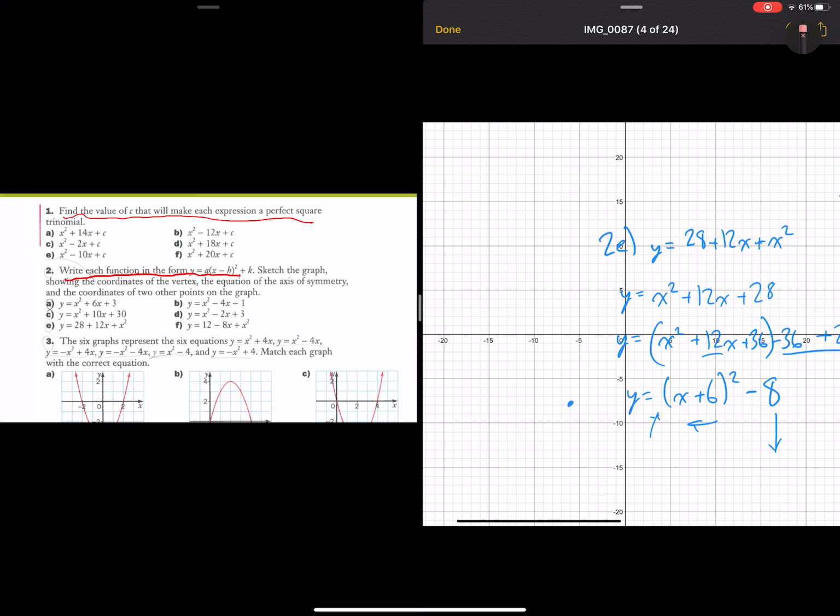Our step pattern is the same. 1, 3, 5, etc. Here is my axis of symmetry. x equals minus 6. Our vertex is minus 6, minus 8. Let's draw this point.